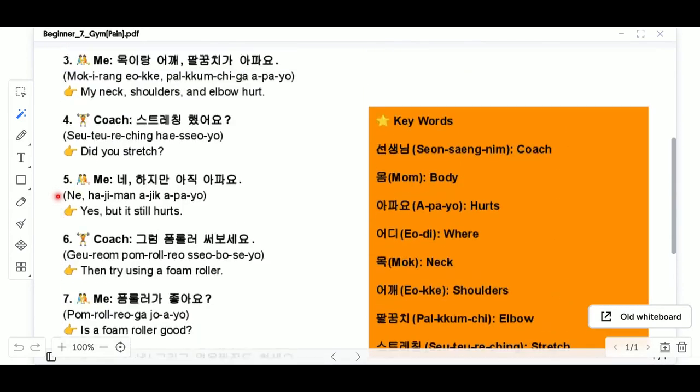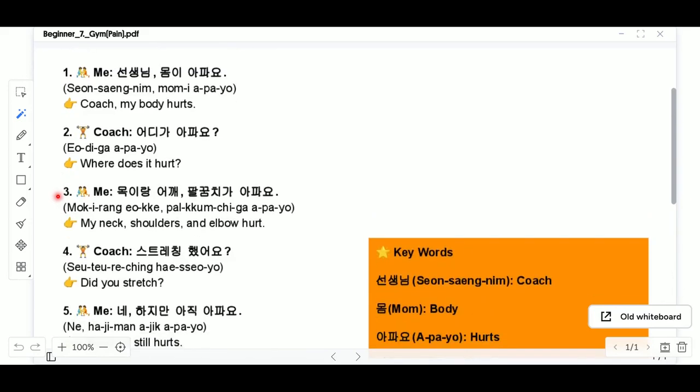Let's try one more time. Opposite way. I'll be me, you'll be the coach. If you feel it's hard to pronounce foam roller, then you can just say foam roller. Korean people understand foam roller. It's okay level. So, I'll start from number one. 선생님, 몸이 아파요. 목이랑 어깨, 팔꿈치가 아파요. Stretching is also okay, they're going to understand. Great.